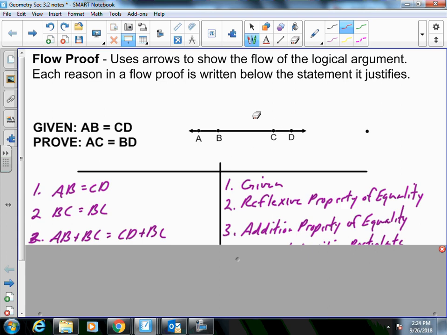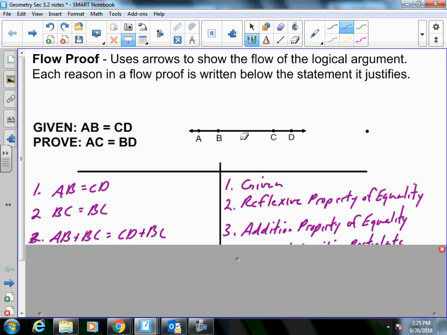We've done that because we know that AB and BC added together is going to equal AC just by looking at the picture here. And we also know that BC and CD added together is going to equal BD. But we have to actually explain that that's what we have coming into the equation. So our next step is we're going to use this picture and the segment addition postulate to show what each one of these things is made up of.